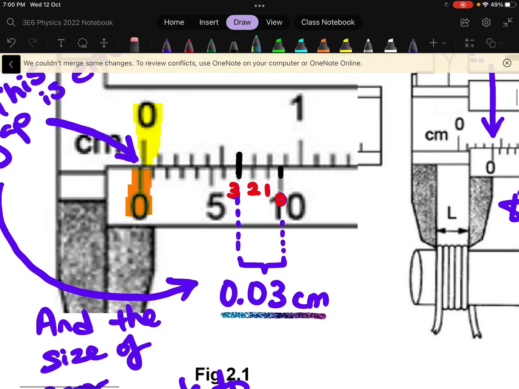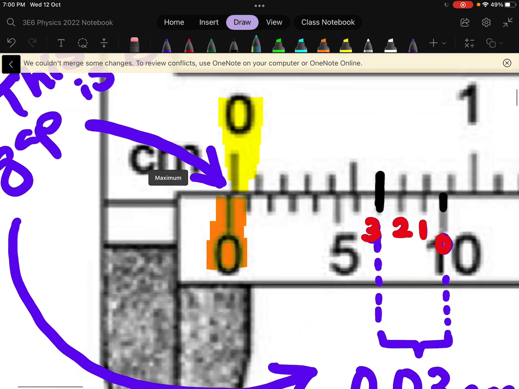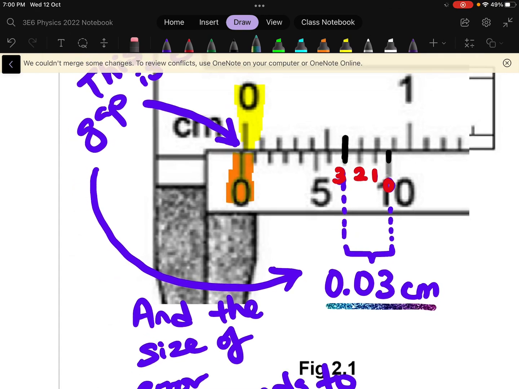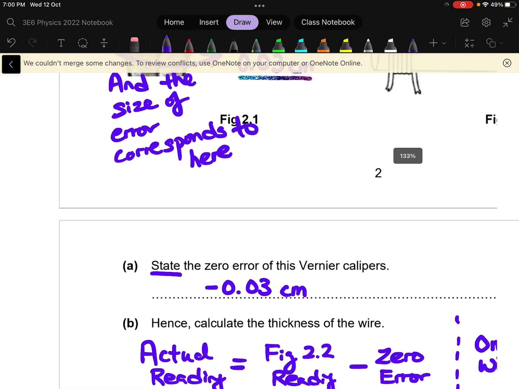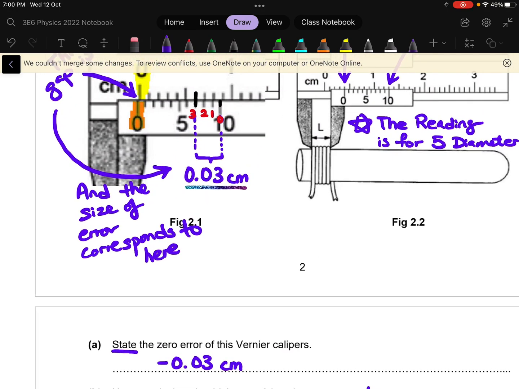Because you can see that the vernier scale is on the left hand side of the main scale, we call this negative zero error. When the question asks you to state, you should give the numeric value of this zero error if you are able to do so.